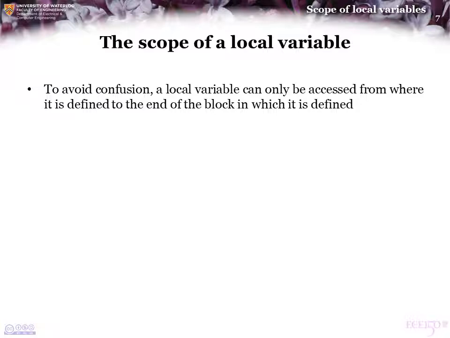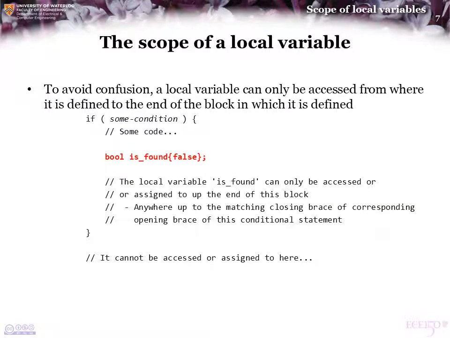To avoid confusion, and we'll look more into the reasons for that later, a local variable can only be accessed from where it is defined up until the end of the block in which it is defined. So, for example, suppose inside main we have this conditional statement. We run some code and declare a local variable isFound.